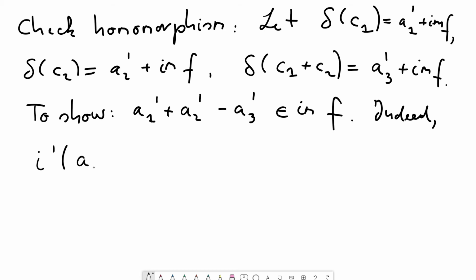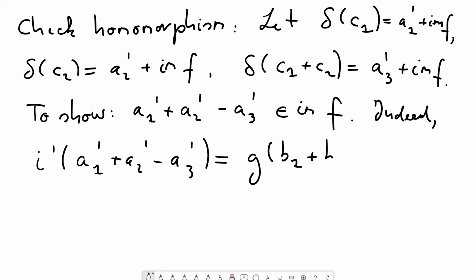I prime of A1 prime plus A2 prime minus A3 prime. This is now by the construction, using the notation during the construction, G of B1 plus B2 minus B3. Yeah, the index denotes what element I'm talking about here.